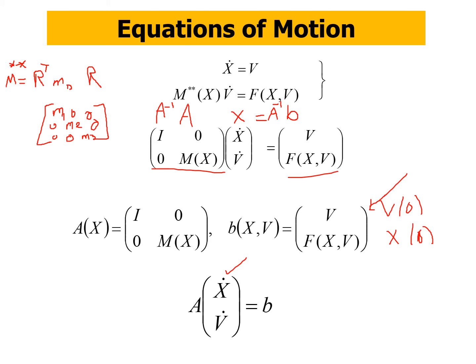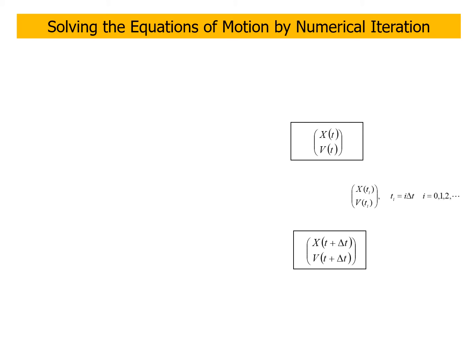Because F is a function of position and velocity, and velocity is velocity. So that's called the initial value problem. Your job is to do the idealization, construct the equations of motion, put them in a matrix format, and then solve the equations of motion. That's what people do.